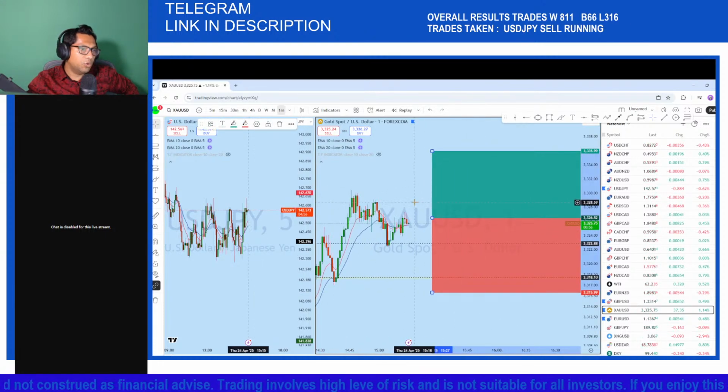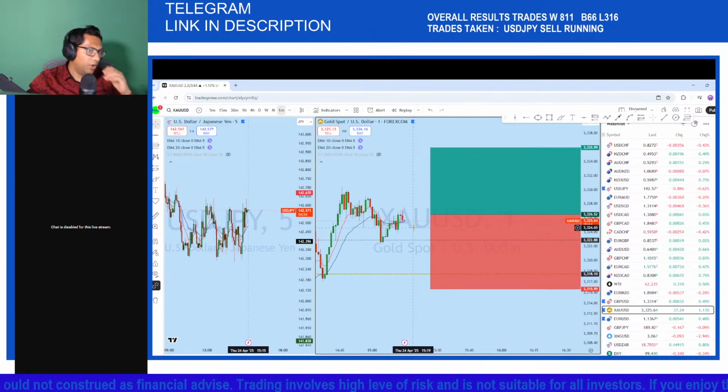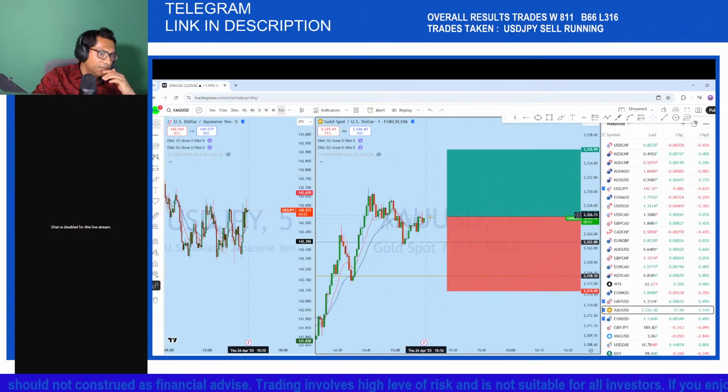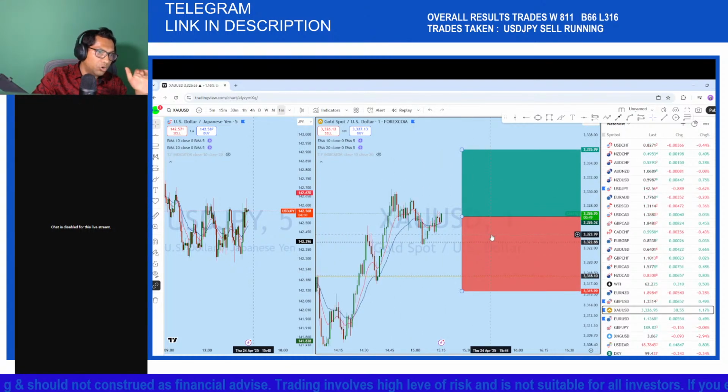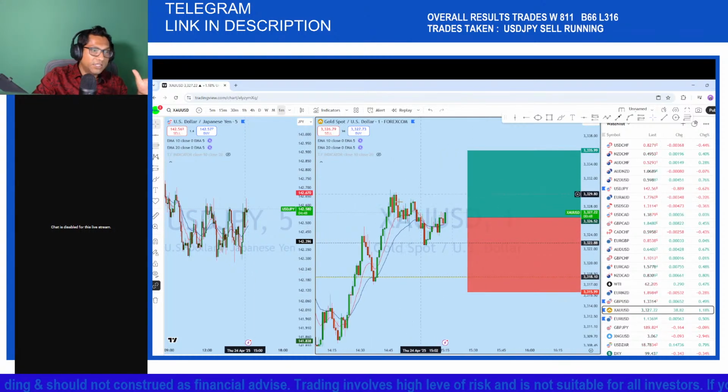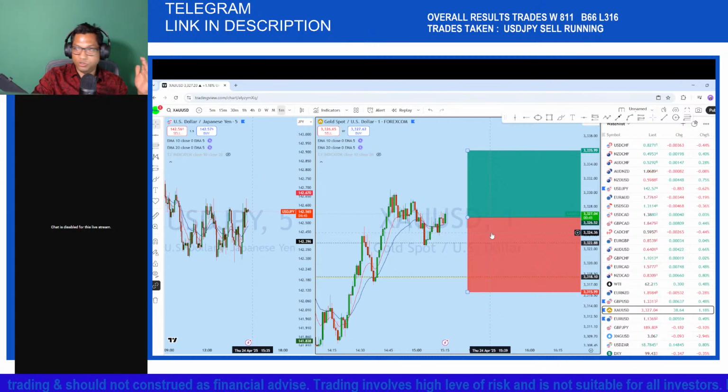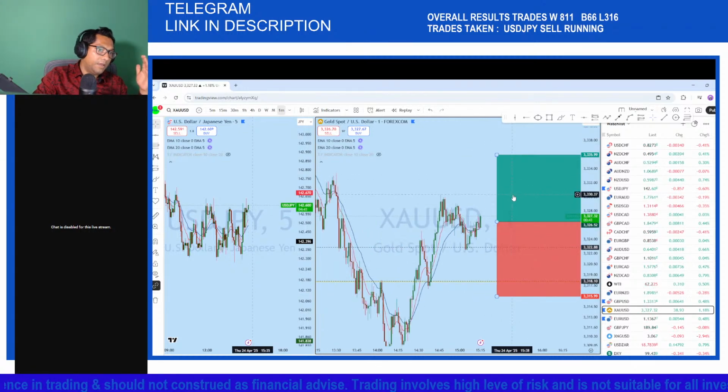Sometimes the market moves in this way, which is basically not showing a stronger trend, but is basically preparation for a potential bigger move.